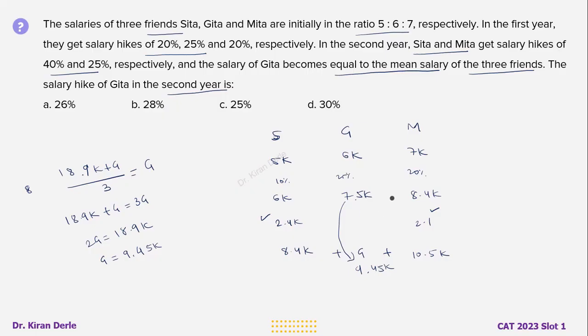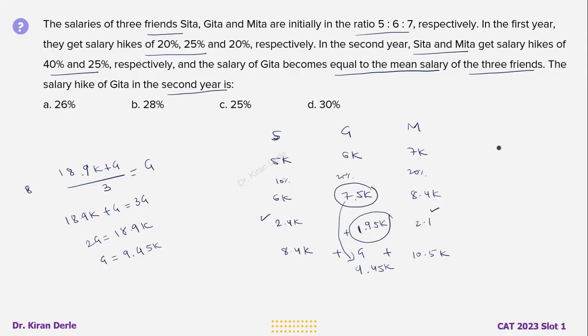In terms of value, it is 5 minus 5, a 5k. In fact, k will get cancelled, no worries, but I am writing it here. Okay, 14 minus 5 is 9, and 9 minus 8 is 1. 1.95k is the salary hike of Geeta over this salary.